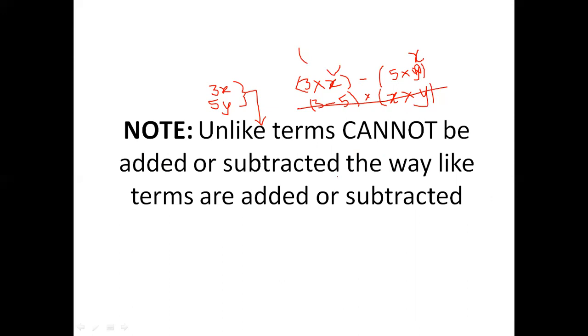We'll take some problems so that we understand the subtraction of algebraic expression. The first problem, subtract minus 5y from y. This may seem confusing for some students because the question is clearly saying minus 5y from y. So you need to take y first, and from that you need to take minus 5y.